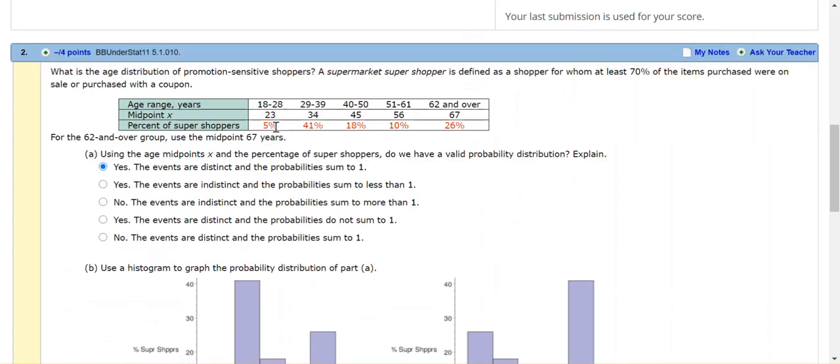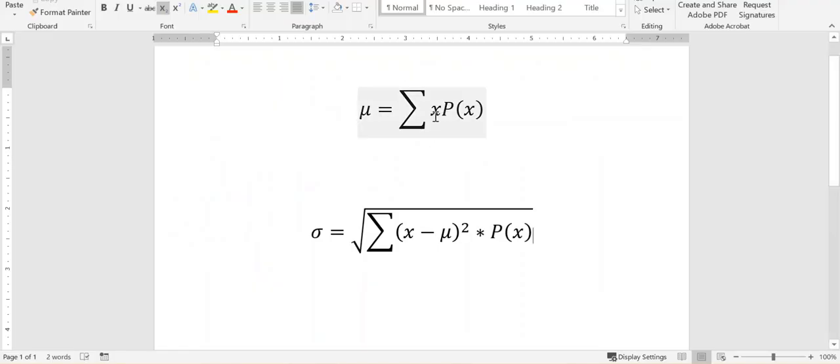So I multiply each midpoint by its corresponding probability. So 23 times 5%, 34 times 41%, and so on. And then I add each of those numbers together. So that's what this means. Calculate the midpoint x times the corresponding probability. When you get all those numbers, this sigma means sum all those numbers up.